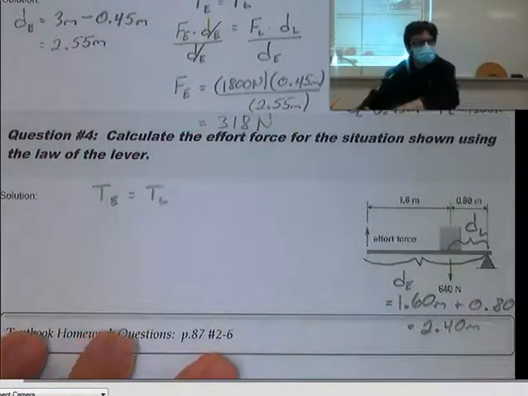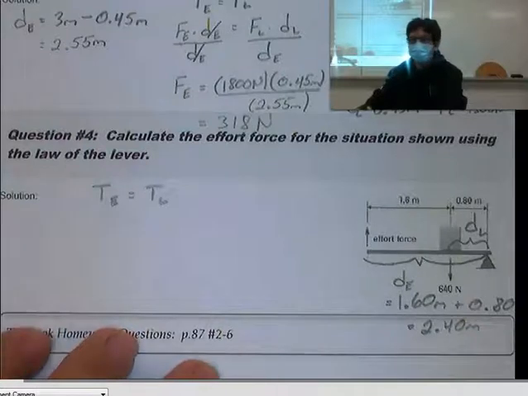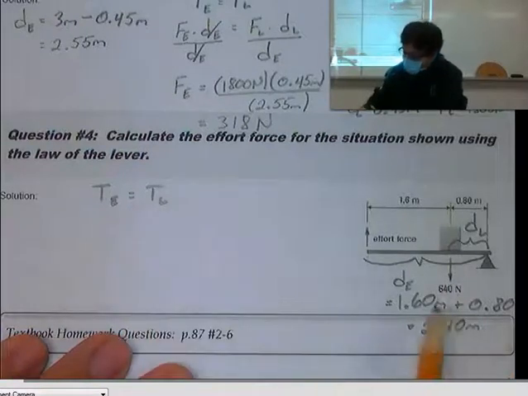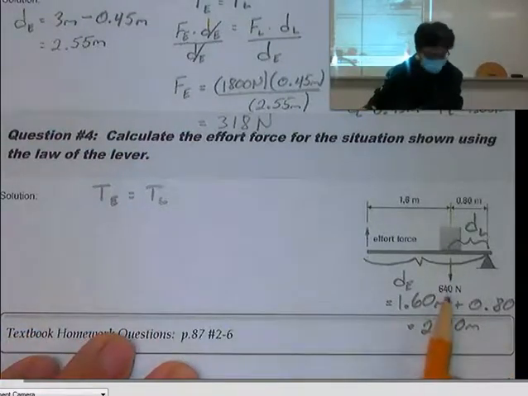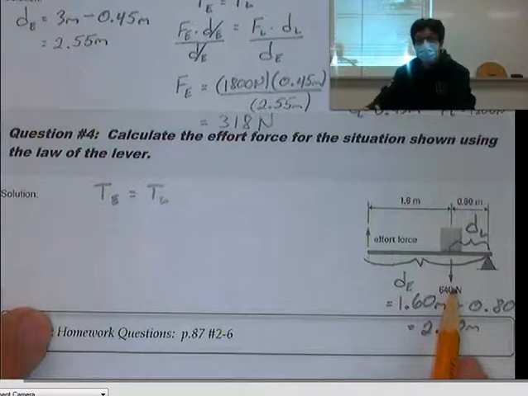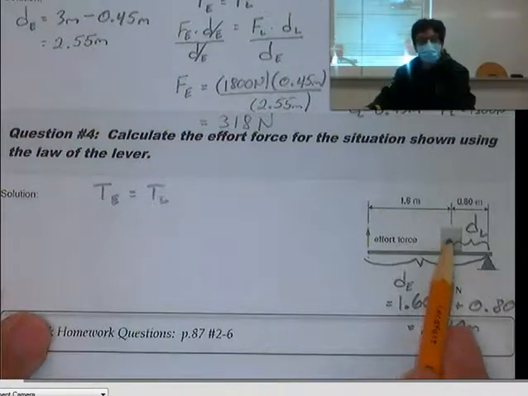So always make sure you figure out what those effort and load arms are before you start punching things into your equation. Now the load force here is 640 newtons. But in a question I could instead tell you the mass, and the load force would just be the weight of the object.